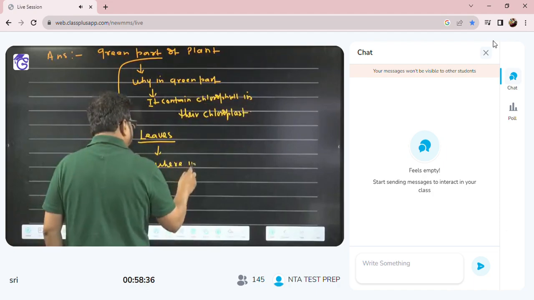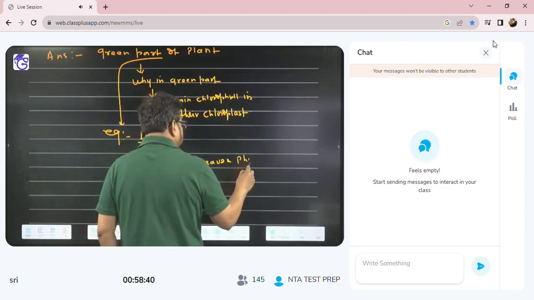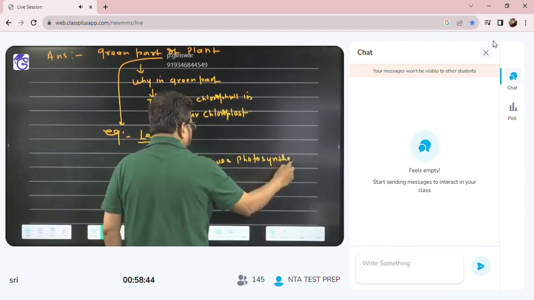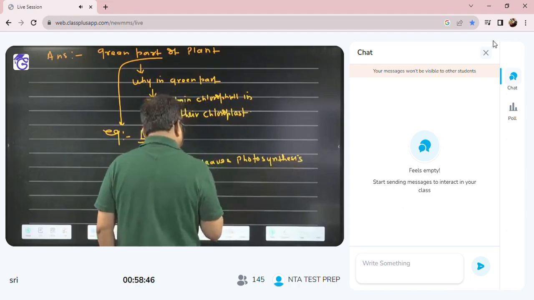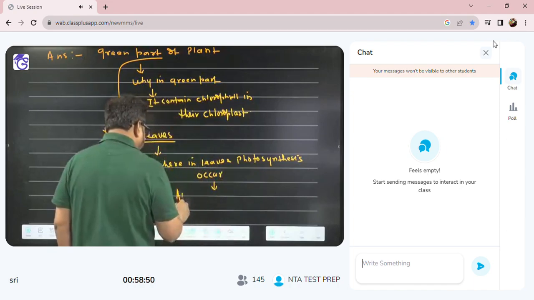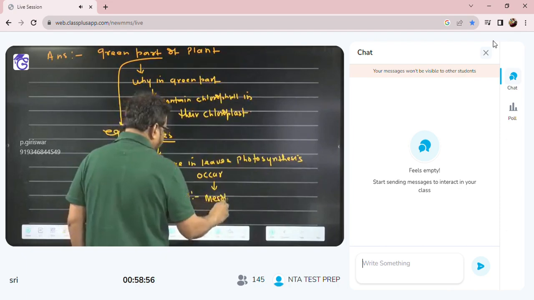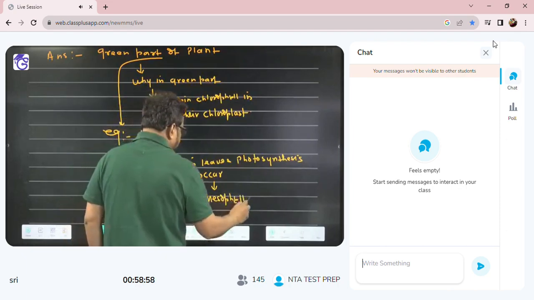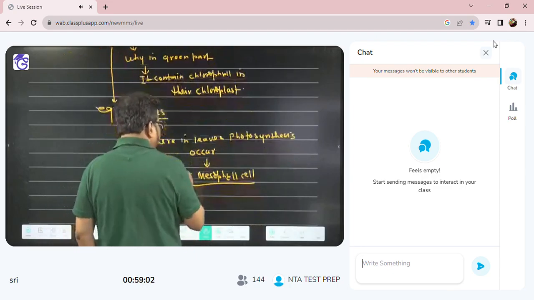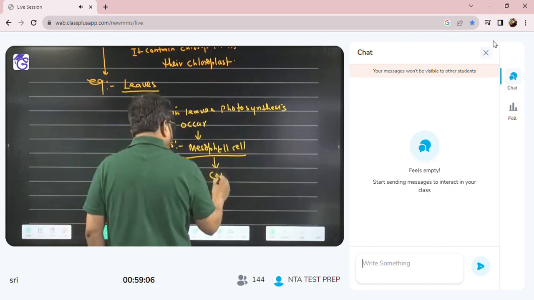The answer to this question is the mesophyll cell. The mesophyll cell in the leaf contains chloroplast.